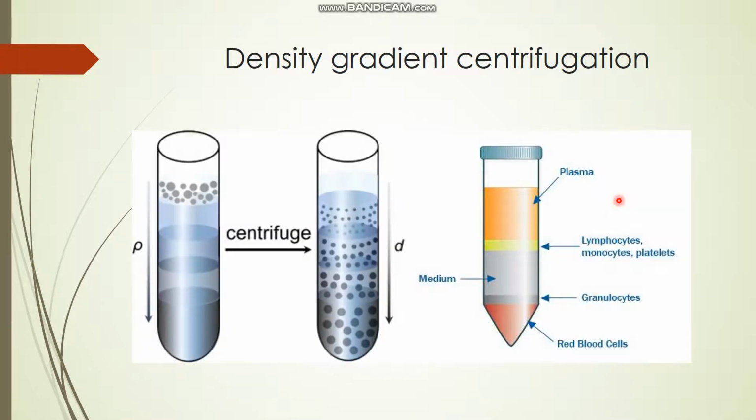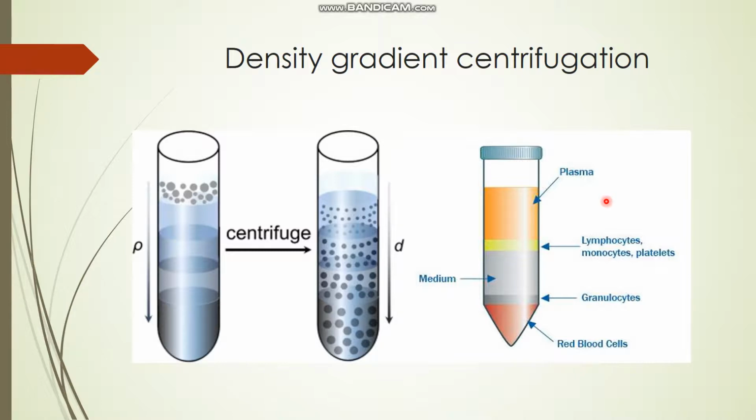This is what we call density gradient centrifugation. In it, the cell components of different sizes and densities are separated in different layers, also called sediments, in tubes containing ionic medium according to their size and densities.